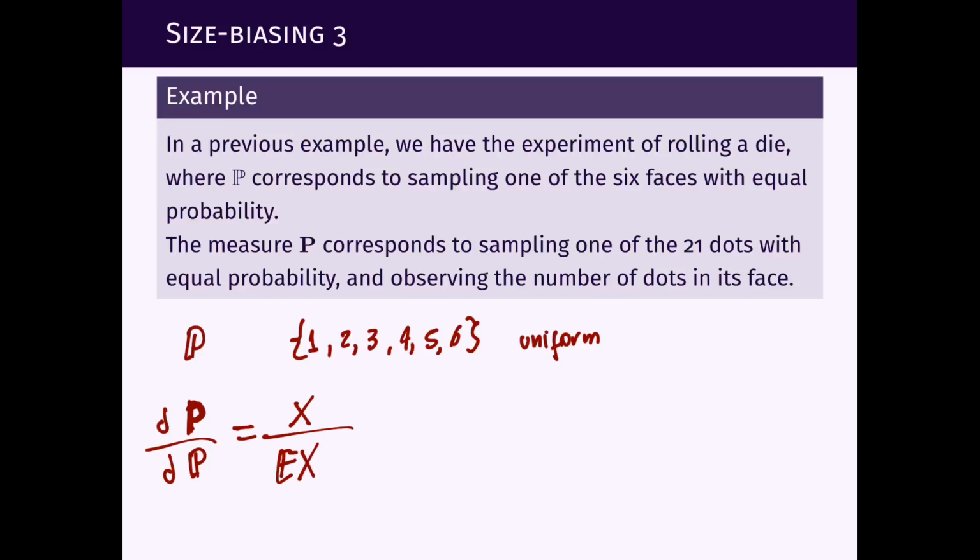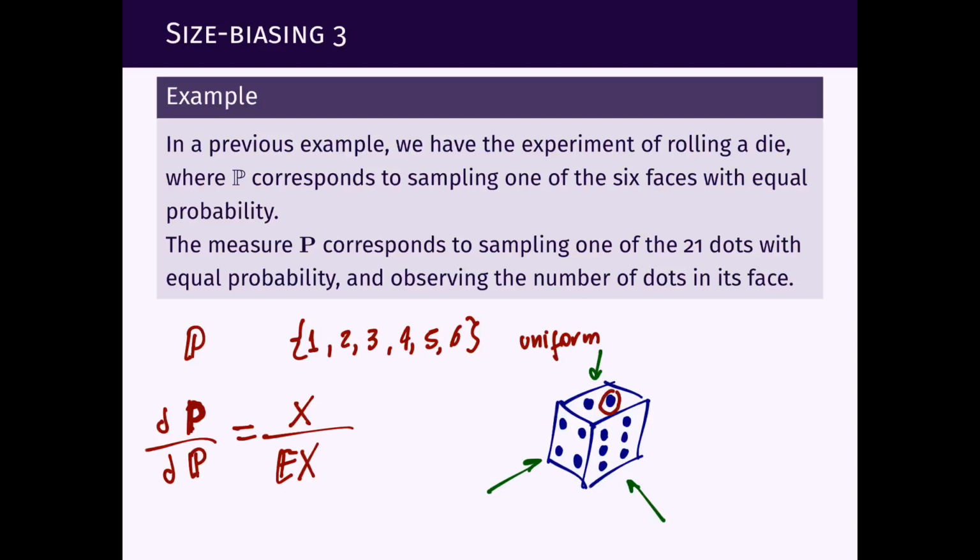And what does it mean to size bias when we roll a die? Well, when we simply roll a die and we observe the face that is facing upwards, we're choosing one of the 6 faces with the same probability. But when we size bias, we're not choosing one of the 6 faces with the same probability.